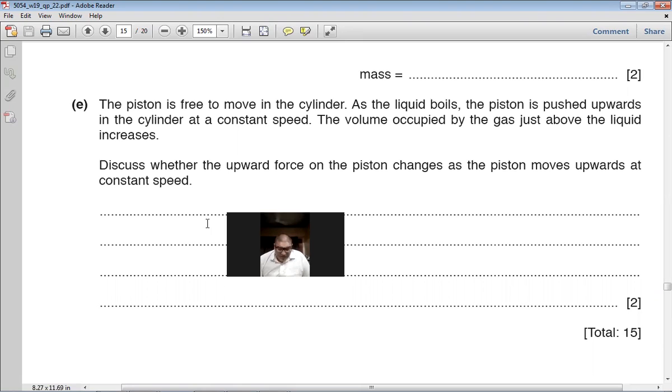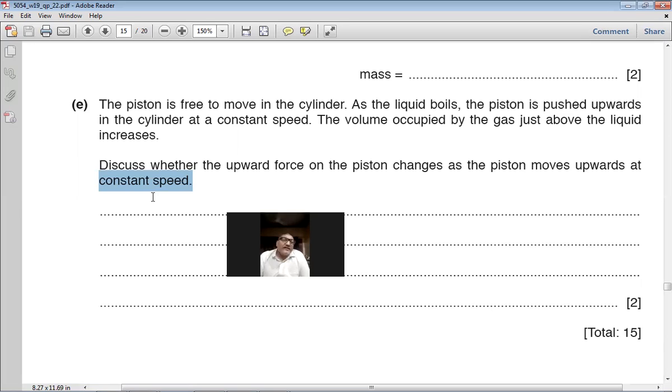Okay. This word is very important, constant speed. When the piston is moving upward with constant speed, it means that the acceleration is 0. It means that the resultant force is 0.